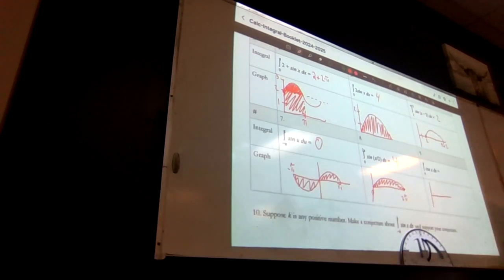So from 0 to pi, cosine x dx. Remember, cosine x is just going to be a horizontal translation of sine of x. So it is going to look like this. We're going to start at 1, go here, here, and stop. So what is the area of this graph here?